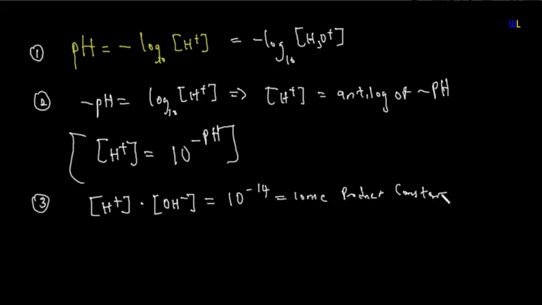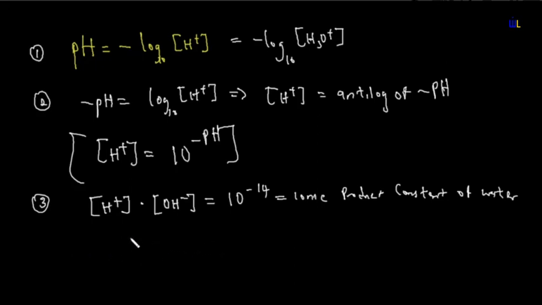It is a constant value for every aqueous solution. Once you are dealing with an aqueous solution, the ionic product constant of water will remain the same. Is this clear? Good.